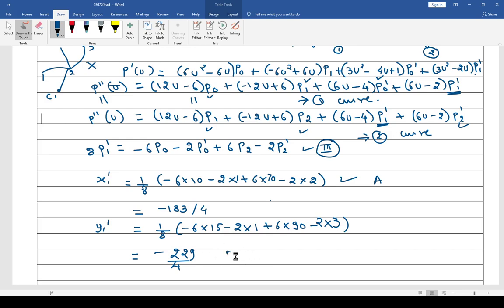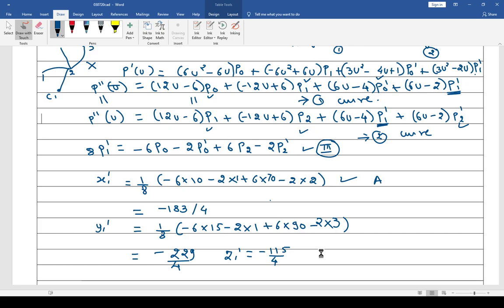Similarly, z1 dash you will get minus 115 by 4. You can try this out, whether you are getting this or not. So here p1 dash, p1 is going to get cancelled.